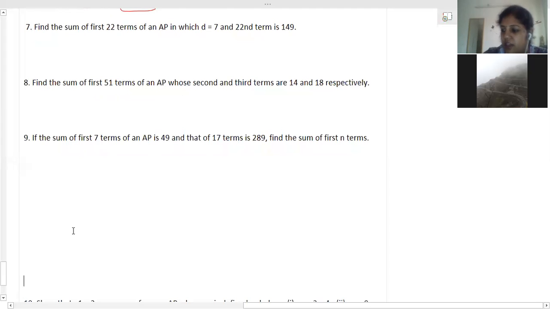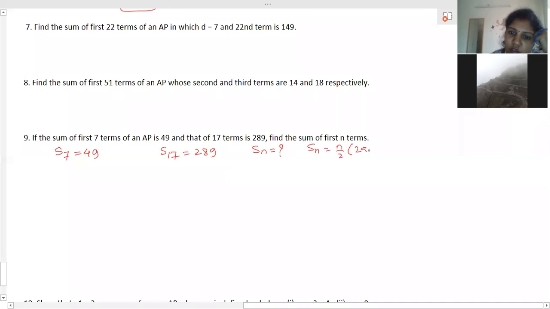Now see everyone, the ninth question. Sum of first 7 terms of an AP is 49, that means S7 is equal to 49, and that of 17 terms, that means sum of 17 terms is 289. Find the sum of first n terms, that is Sn, you have to calculate. Sn is equal to n by 2 into 2a plus n minus 1 into d.